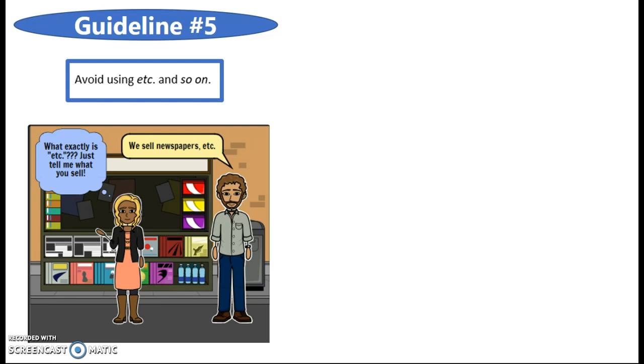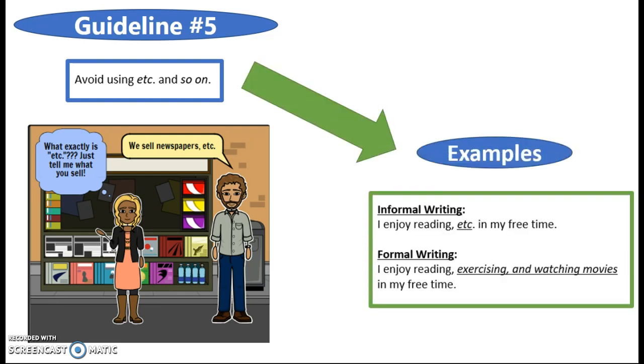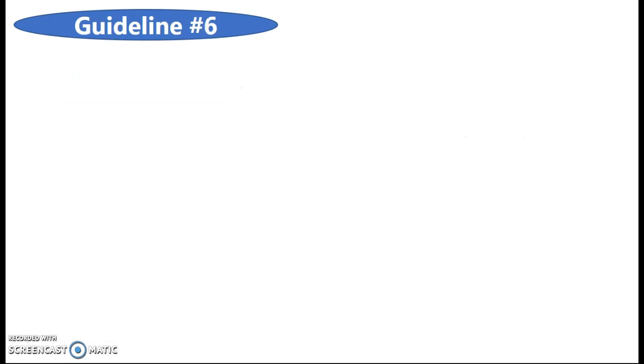Try to avoid using etc. and so on. Instead, what you want to do is actually list out what you want to say there. So instead of saying, I enjoy reading, etc. in my free time, you actually want to say, I enjoy reading, exercising, and watching movies, or whatever it is you want to continue to say.